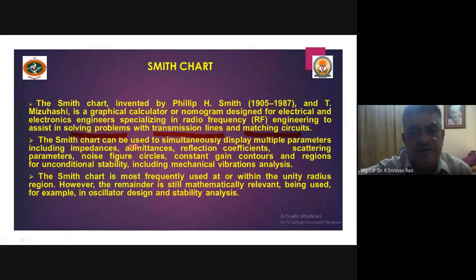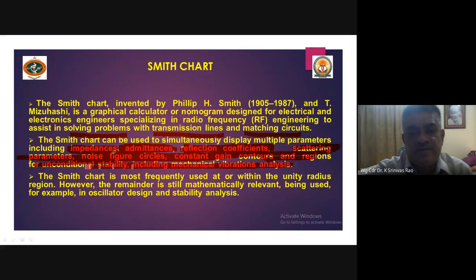The Smith chart can be used to simultaneously display multiple parameters, including impedances, admittances, and reflection coefficients. All these parameters, that is scattering parameters, noise circles, constant contours, regions of unconditional stability, including mechanical vibrations and everything, we can calculate using this Smith chart.